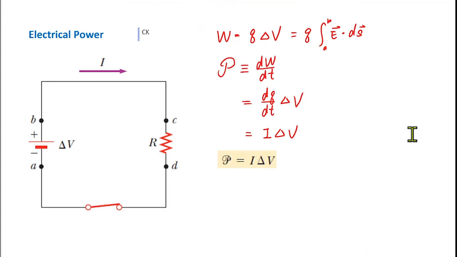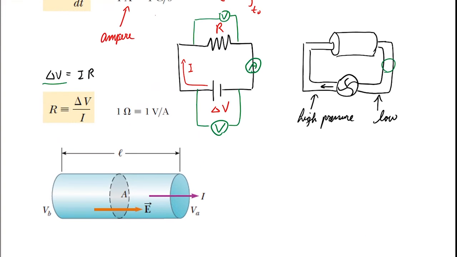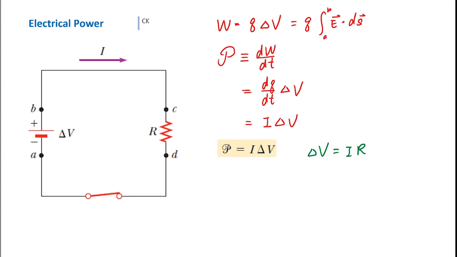Now we are going to do something. Remember earlier that delta V was equal to IR. Let's substitute that in. If you substitute that in, then our power becomes I squared R, correct?